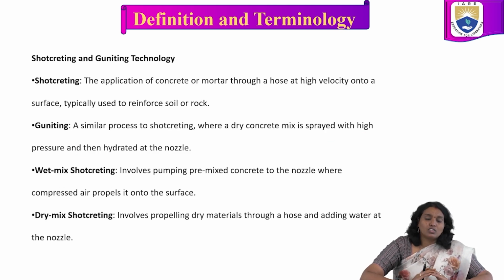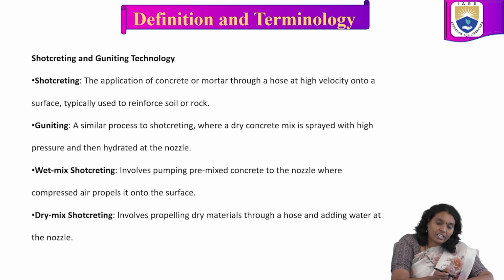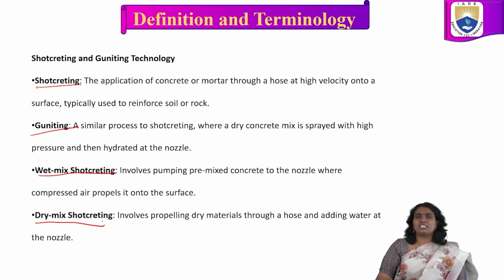Now, shotcreting and gunniting technology is one of the techniques which we choose for getting the desired properties of the soil. Shotcreting, gunniting, wet mix shotcreting and dry mix shotcreting are the various terminologies we are going to use in this process.